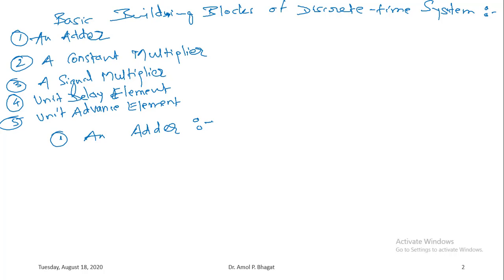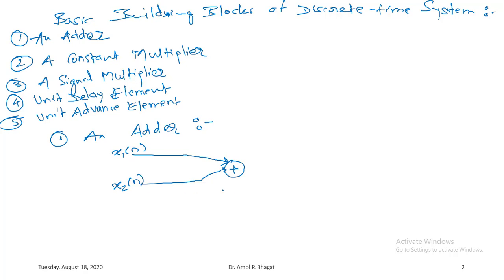An adder performs the addition of two signals or sequences to form another sequence, which is also called the sum sequence, and the output will again be denoted as y of n. In block diagram or graphically, this can be represented as an adder where you are applying two input signals, x1 of n and x2 of n.